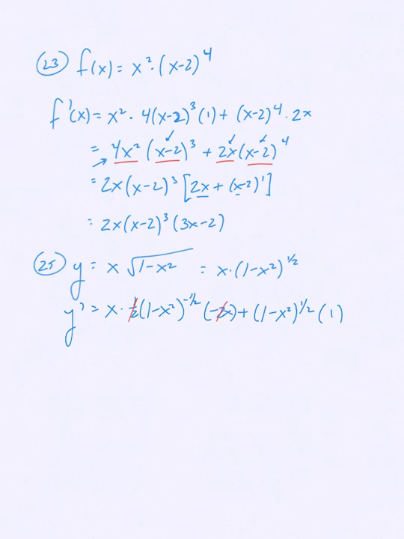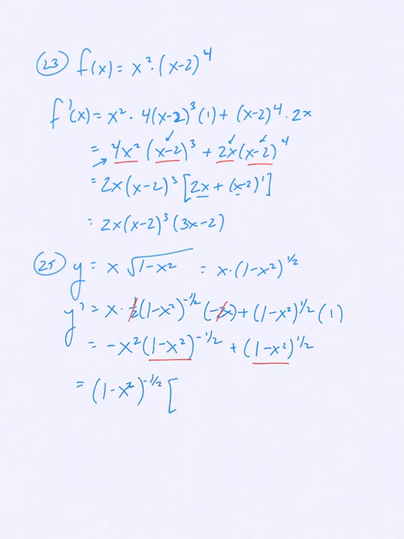I'm going to rewrite this so it's not as messy. Now what I see here is that they both have a 1 minus x squared. So we're going to factor out a 1 minus x squared to the negative 1/2. What's left inside? Well, we're still going to have this negative x squared.